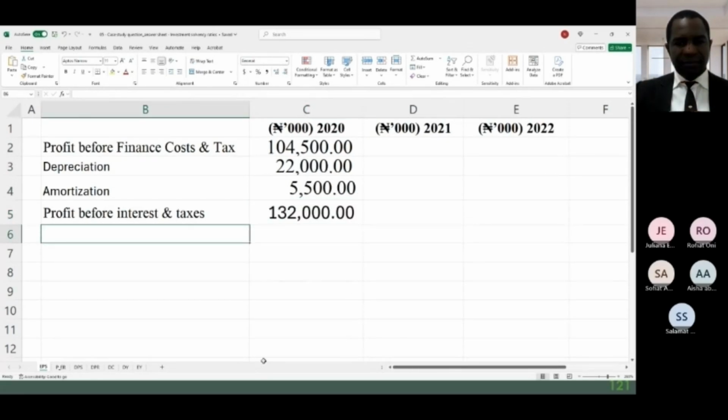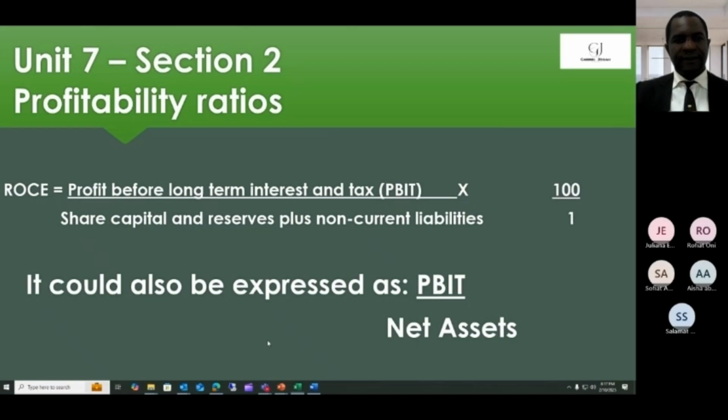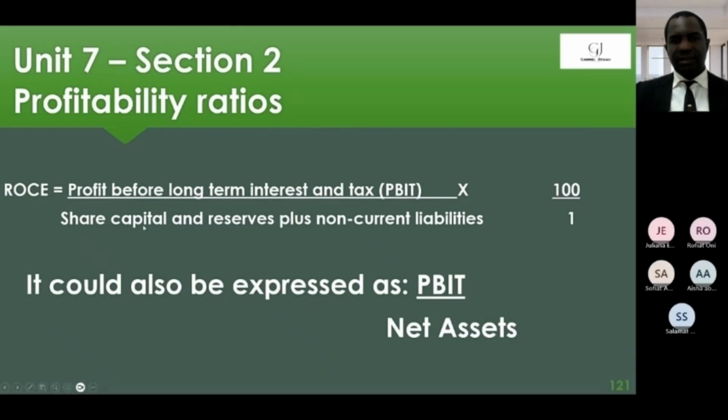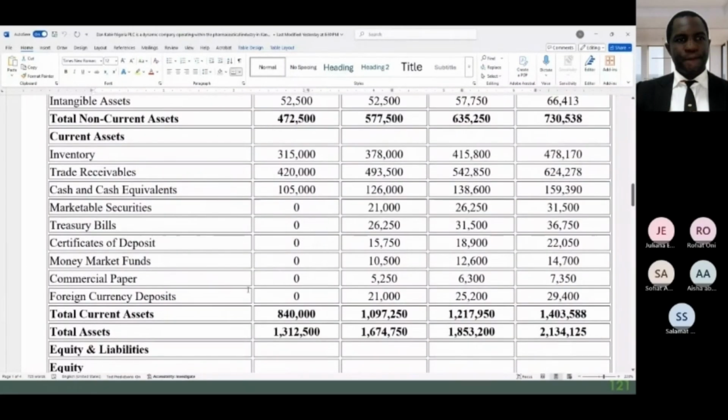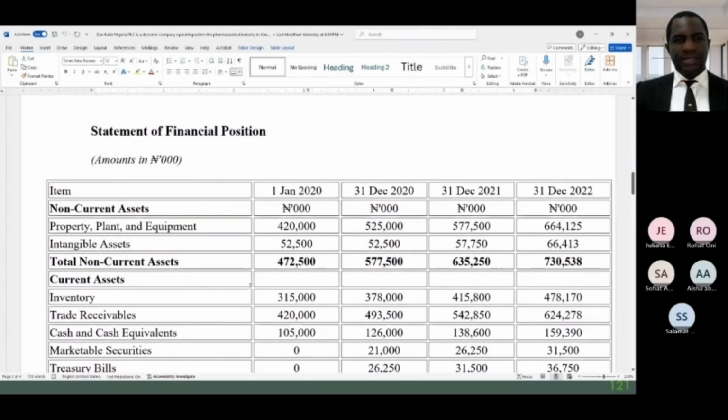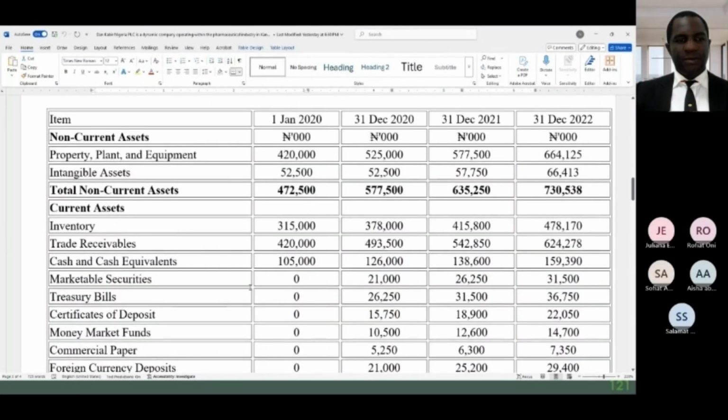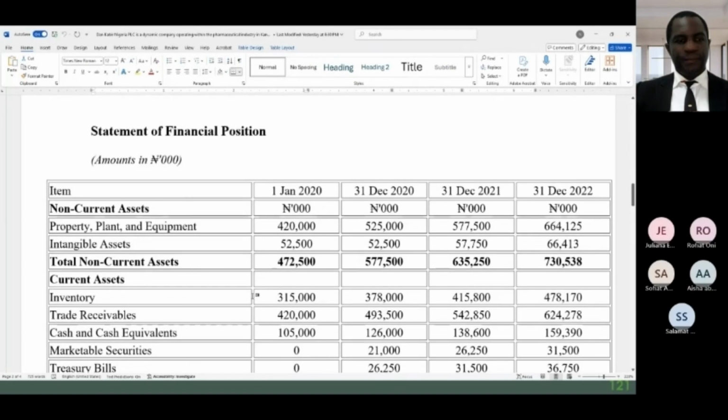From the formula, you'll see that our share capital, inclusive of reserves, plus non-current liabilities, is the denominator. So let's go to the question, to our SFP, and pick that. You can see our SFP on the screen.